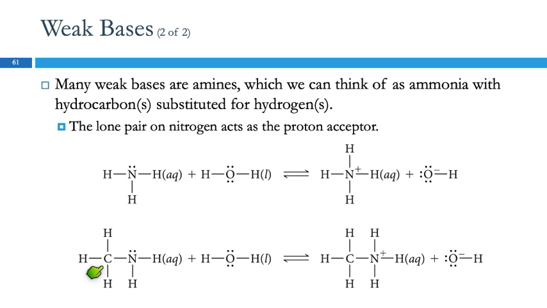We don't need to know its formula, but we can do all sorts of things if we know its Kb. So you'll see it like this, where we have 2 hydrogens on this nitrogen. You might see it where 2 of these are substituted, or even 3 of them have been substituted. And those are all bases. They are related to ammonia. So again, this lone pair takes a hydrogen ion from water, producing hydroxide ion.